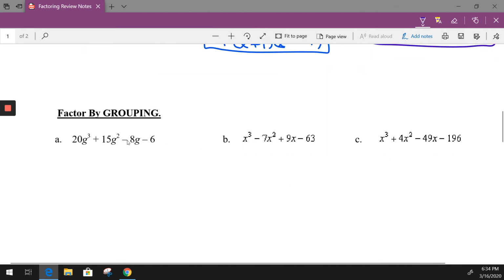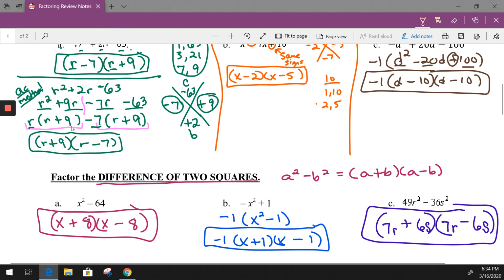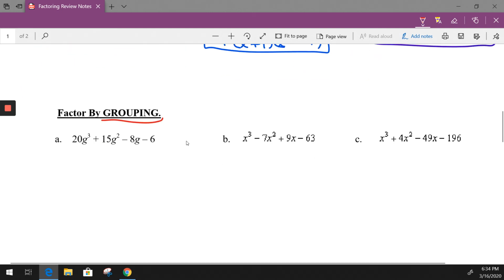All right, so factoring by grouping, we kind of already did one example of that when we were showing this example up here. But sometimes you factor by grouping when there are 4 terms, and again, you always want to look for common factors, but I don't believe any of these have any common factors off the bat.